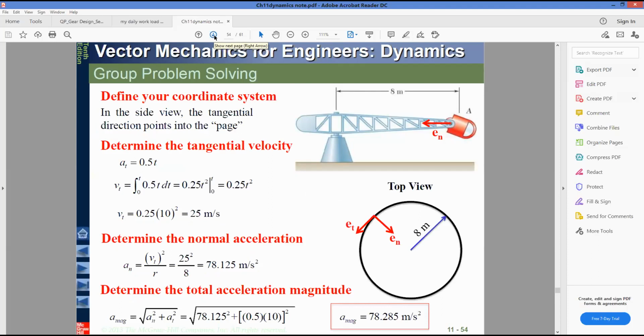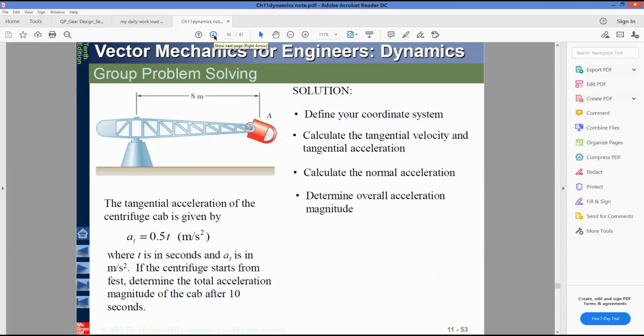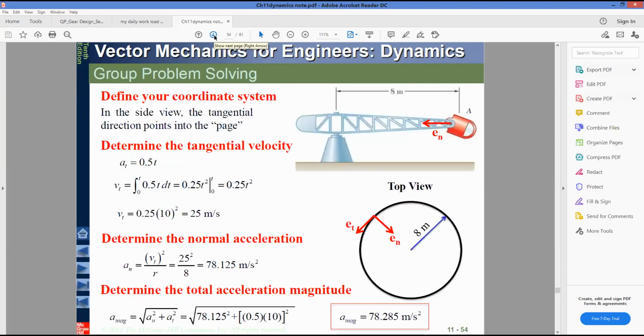Here you have a centrifuge cab which has an arm of length 8 meters, and for our present problem it is just the radius of our circle.